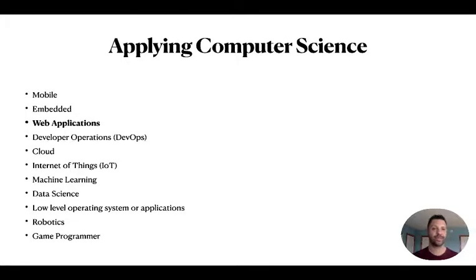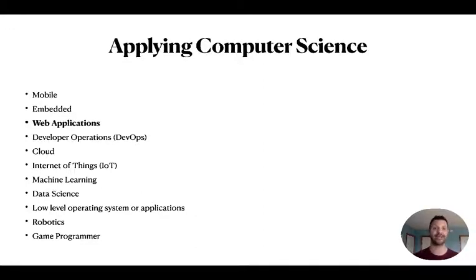For example, there's mobile development, for your devices. There's embedded small chip programming. There's web applications, and that's this one particular field that we're talking about this quarter in this class. There's developer operations, keeping systems of computers up and running. There's cloud computing.